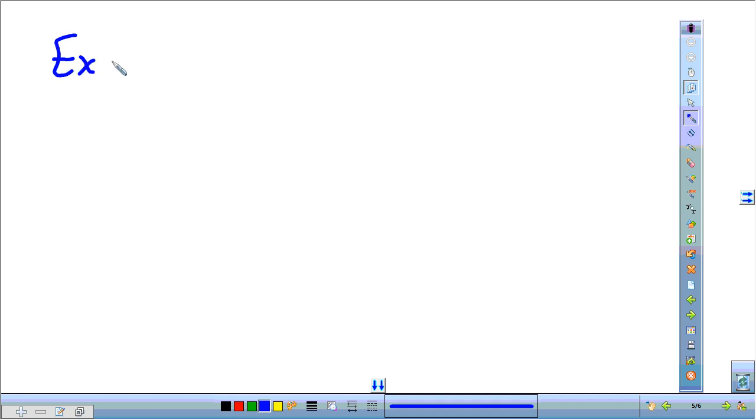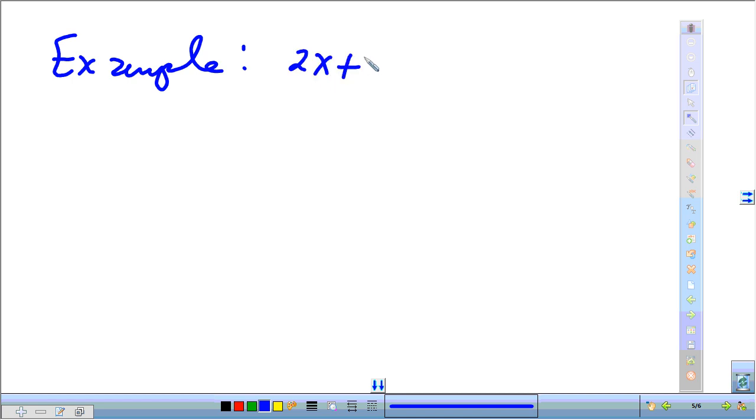Now, I'll move to another example. 2x plus 3 divided by x minus 2, less than or equal to 0.